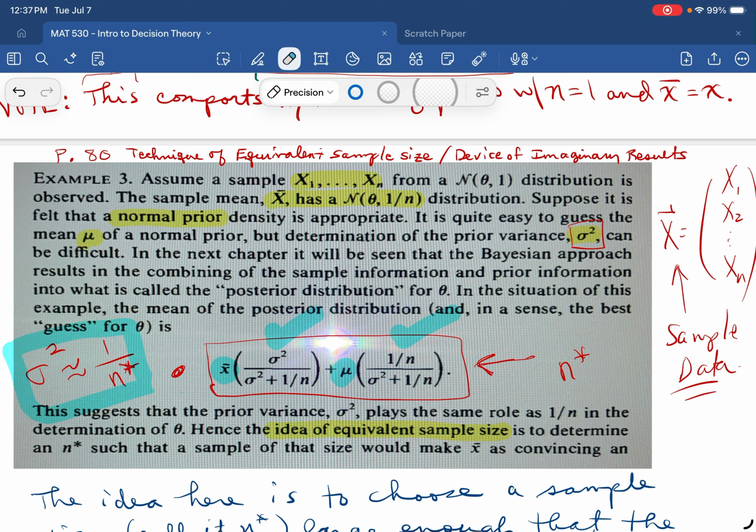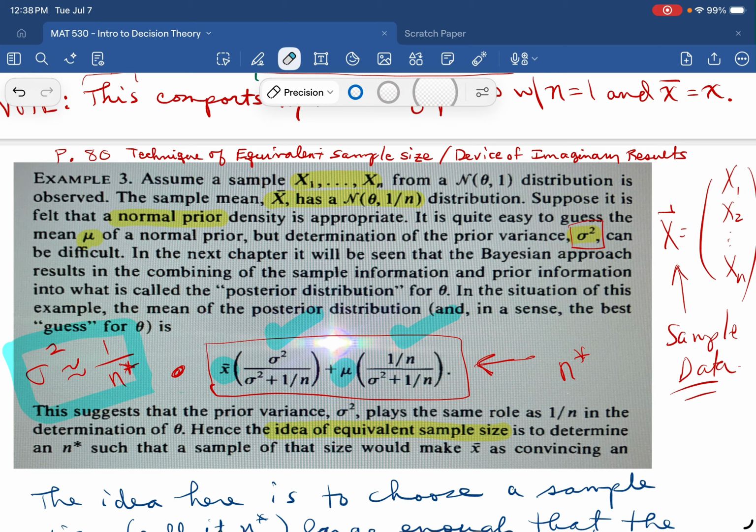This really is a weighted average of x bar and mu. Remember that mu is a subjectively determined mean, based probably on someone's expertise in this particular area for this particular problem. And x bar, of course, is determined from the data.